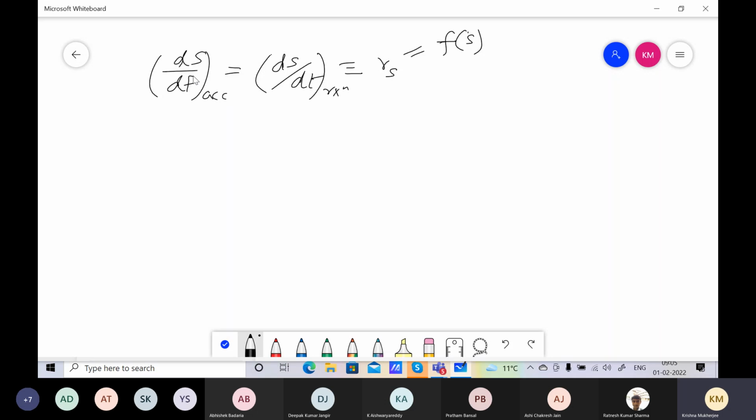For CSTR and PFR this is no longer valid because this material balance is not valid. So we will focus only on this part as far as enzyme kinetics is concerned. Actual performance in a CSTR, actual performance in a PFR, etc., is something which I am assuming that you are already aware of, and it is this part that we will focus on in most of the course.